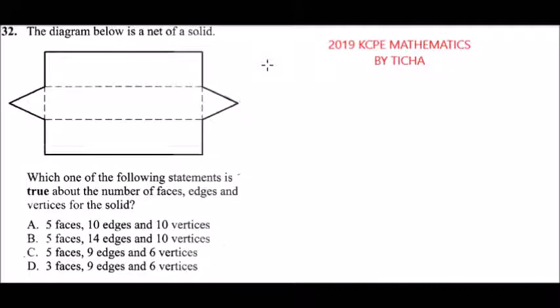The diagram below is a net of a solid. Which one of the following statements is true about the number of faces, edges, and vertices of the solid? To be able to get that answer, the best way to approach that is to make a sketch of the solid expected from the net. So this is a net of a prism.